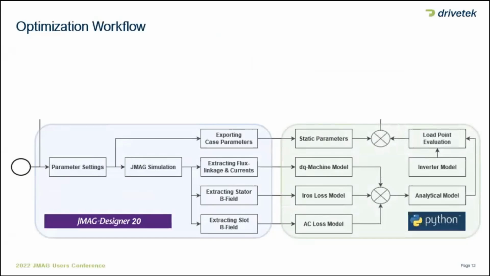Yes, so these analytical models can be combined with a multitude of other models, just like the inverter, it can also be the battery or the gearbox, and compiled into one single big model within Python. And this model is then used to calculate the performance of those load points.